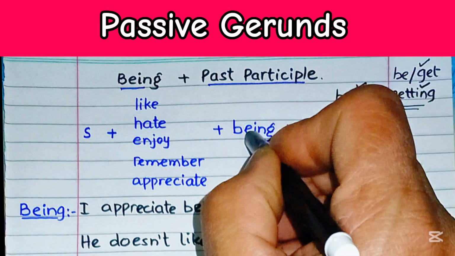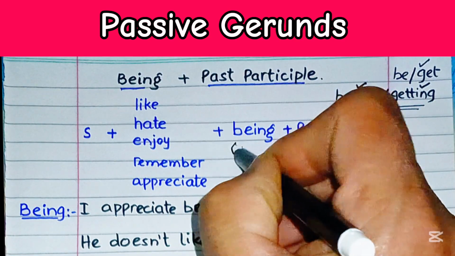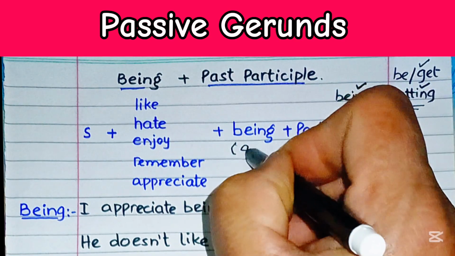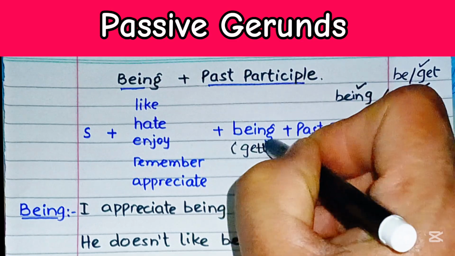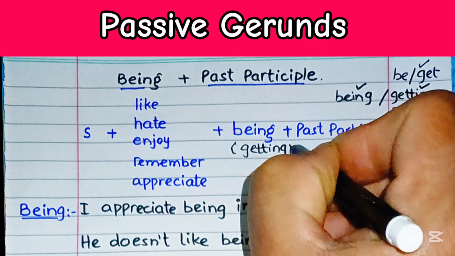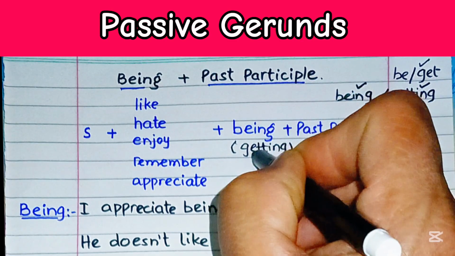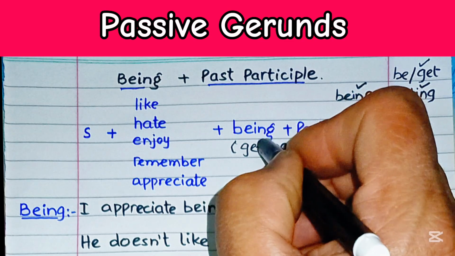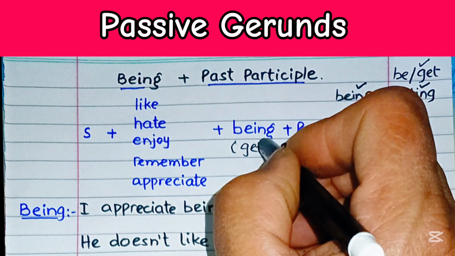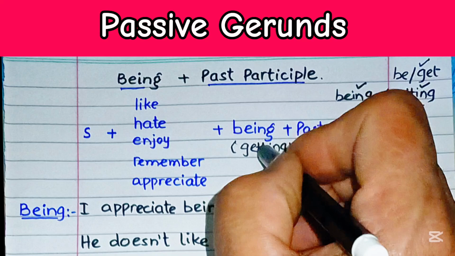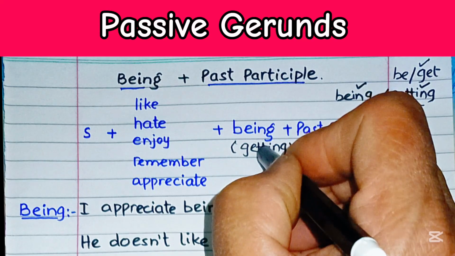And then after getting, we may write the past participle. So we can replace being by the verb getting to make passive voice, and this is going to be used as a gerund.